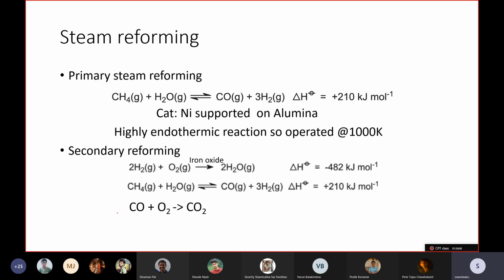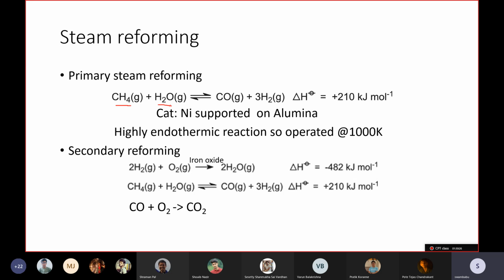After the desulfurization, steam reforming takes place. There are two stages: primary reforming and secondary reforming. In the primary steam reforming, methane reacts with water.